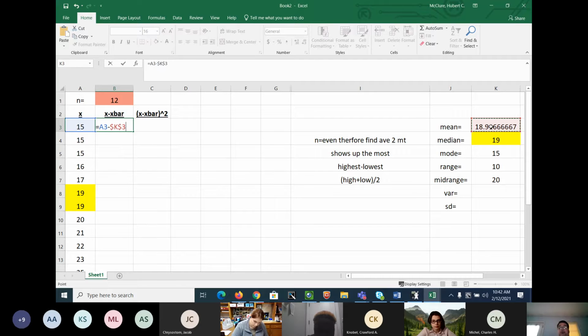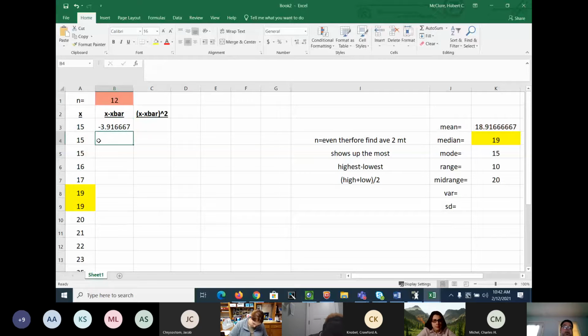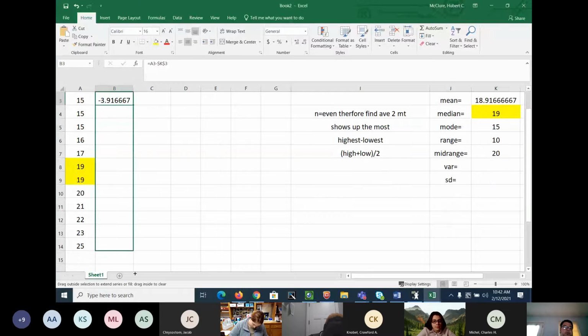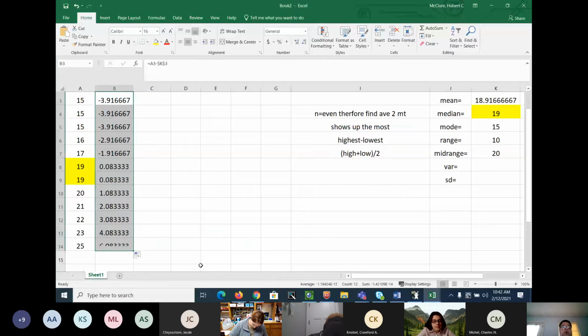If you don't know what I'm talking about, just do it by hand, because I'm going to show you how to do it on a calculator eventually. And there are your numbers, so go ahead and check them.